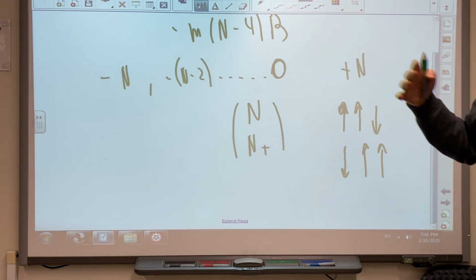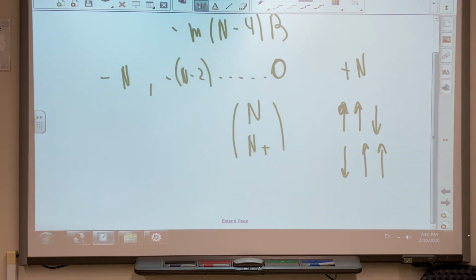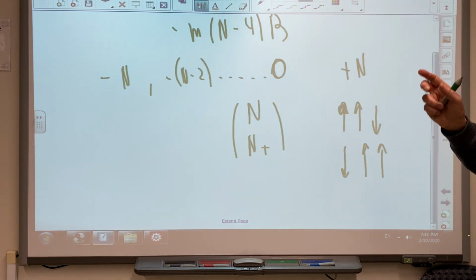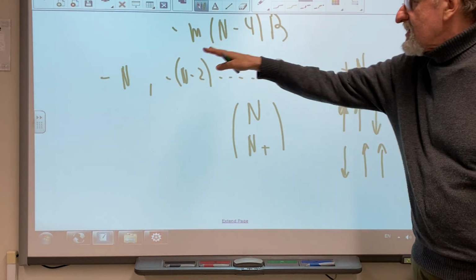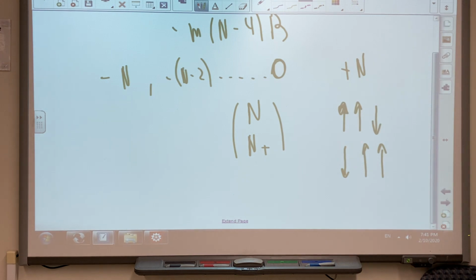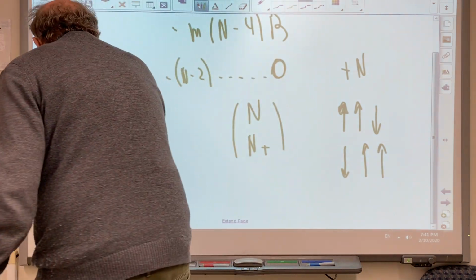But if I put a magnetic field, well, then there are capital N or capital N plus 1 different energies, and I can calculate how many of all my states fall in this energy, in this energy, in this energy. Imagine that instead of having spins, what you have is an alloy.